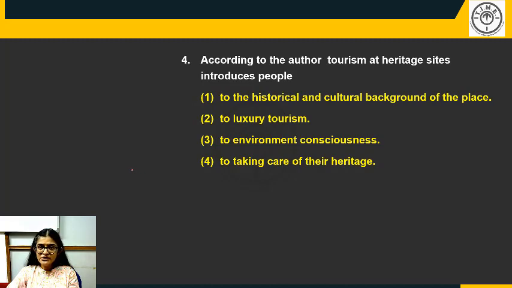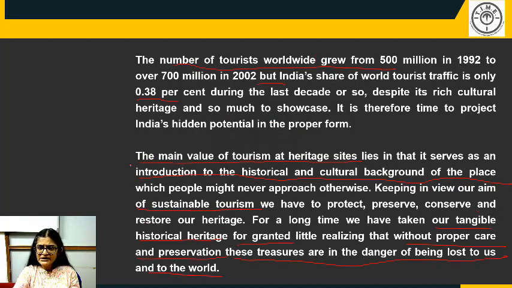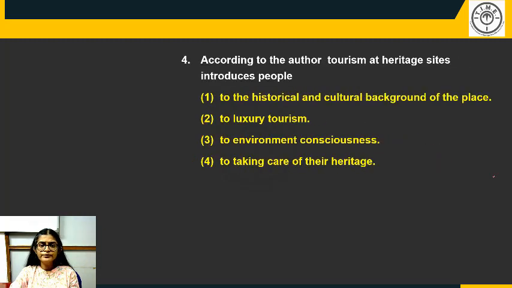According to the author, tourism at heritage sites introduces people to, if you remember it is okay, if you don't remember just go and see here. It serves as an introduction to the historical and cultural background of the place. So, to the historical and cultural background of the place, very direct.